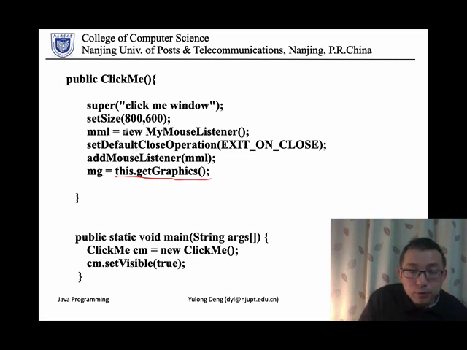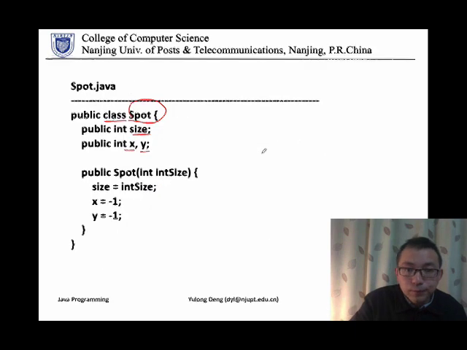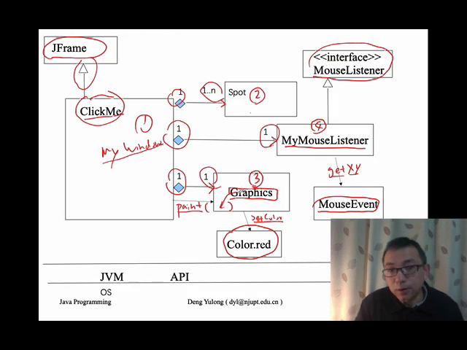For the mouse listener we use the same keyword new, and create the mouse listener object here. So in the code, we implement the composition relationship described in UML.